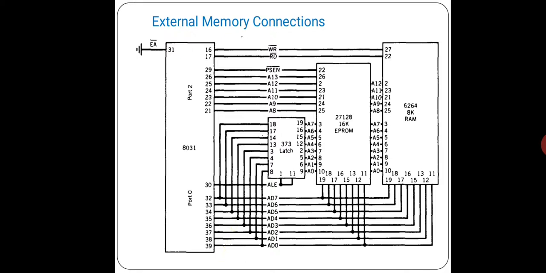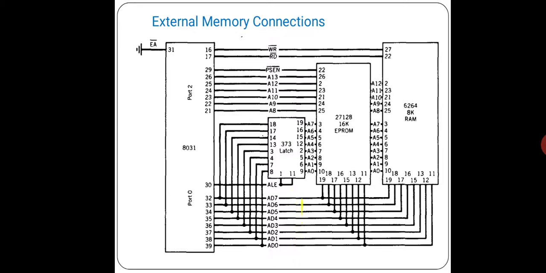What are these addresses? Port 0 is for the lower address, port 2 is for the higher byte address. Port 0 starts from AD0, AD1, AD2, AD3, AD4, like this up to AD7. How many? 8 pins, right?